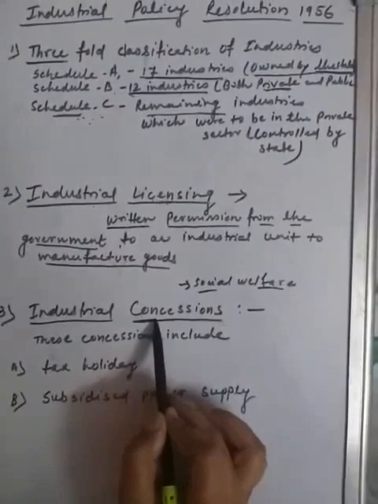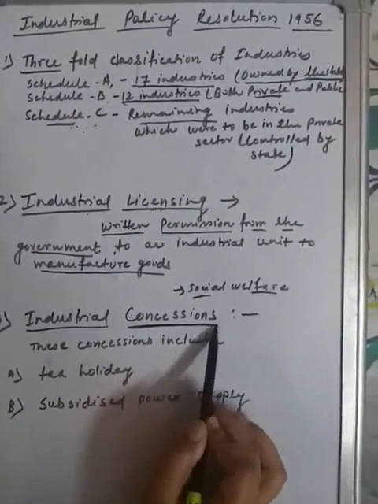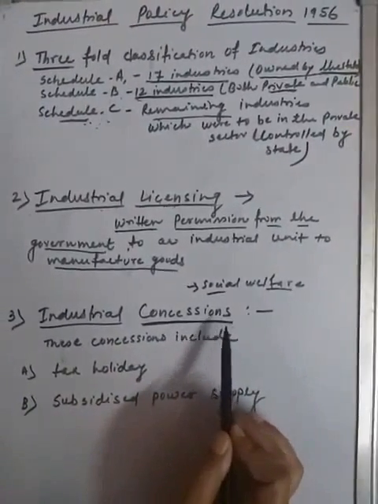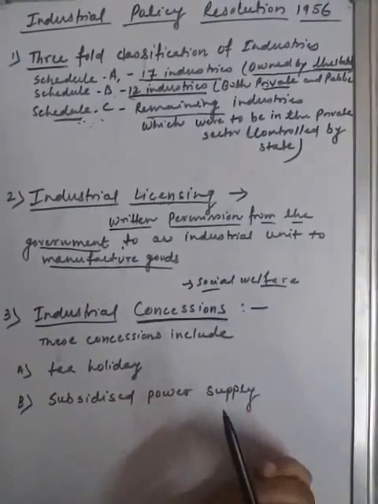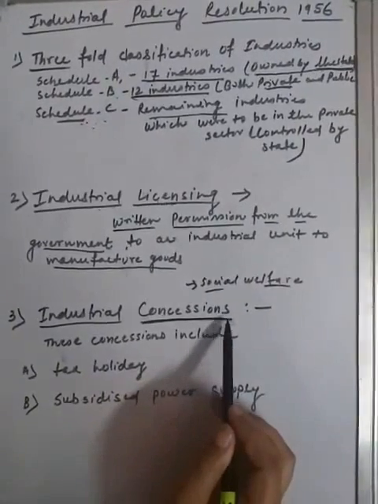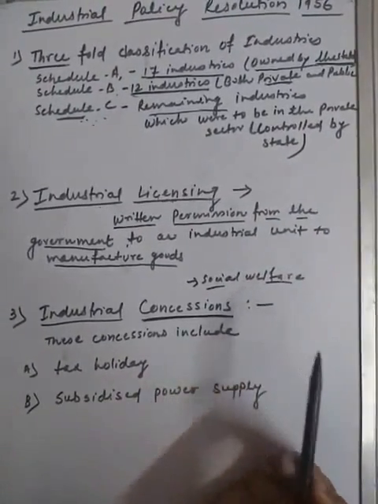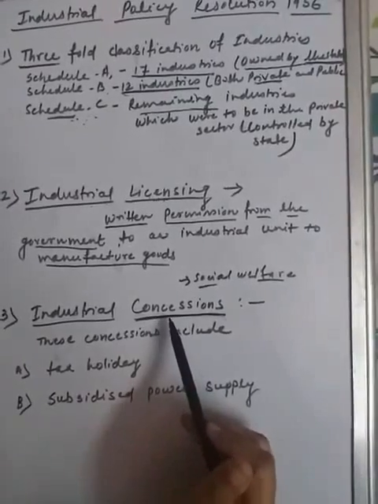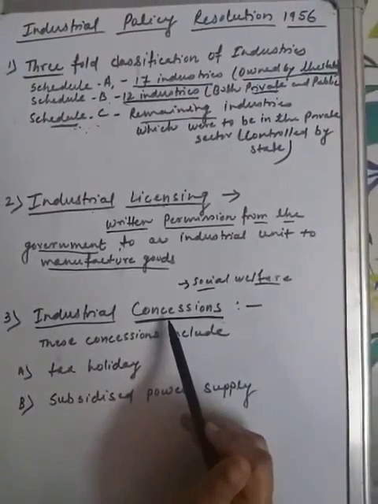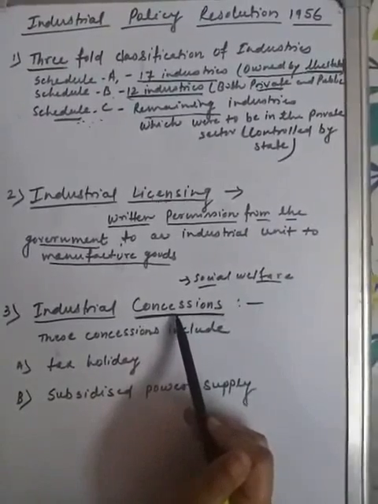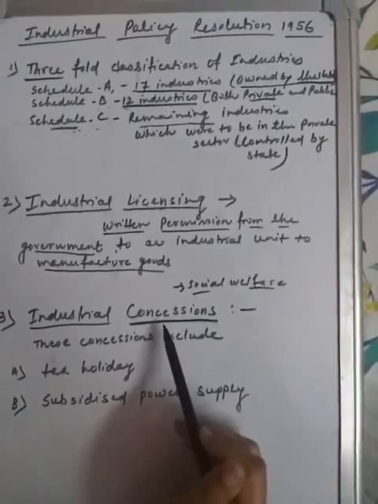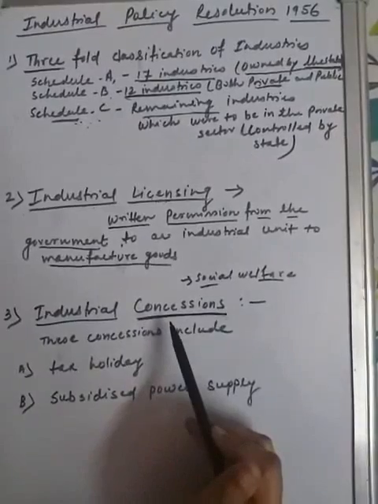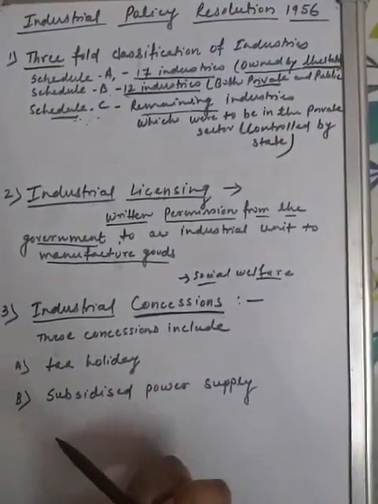The government wanted the private sector to establish their industry in the backward regions, because the government wanted social equity and social welfare. So the government encouraged private sector entrepreneurs to establish their industry there, and for this the government offered many kinds of concessions.